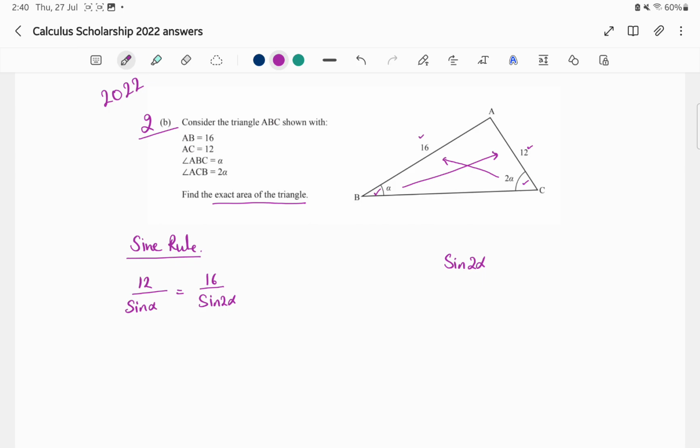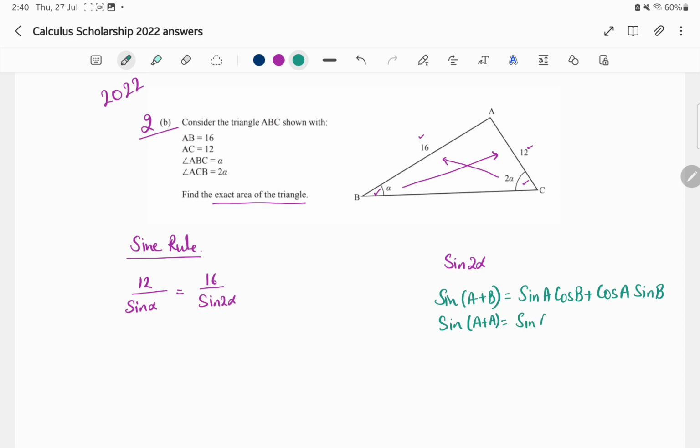So we will be using a trig identity: sine A plus B is equal to sine A cos B plus cos A sine B. These identities are on the formula sheet, but you need to know where to use them, right? So if I do sine A plus A, it will become sine 2A, and we have 2 alpha, so we can substitute that there.